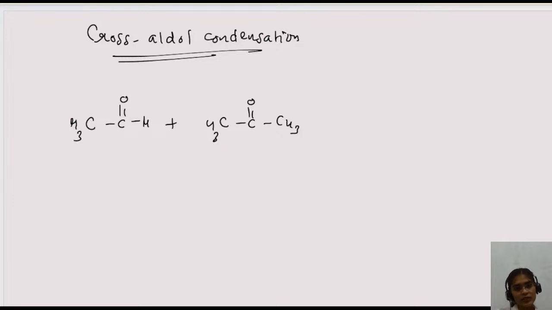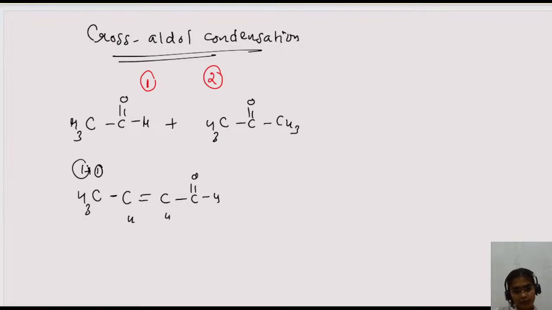In this case, in total we end up with four kinds of product. Let's suppose this is one and two. In case number one, when one and one combine, the product is CH3, carbon double bond, CH, CO, CH. This is product number one. The second product is when two and two combine.